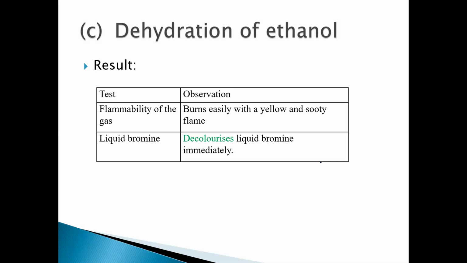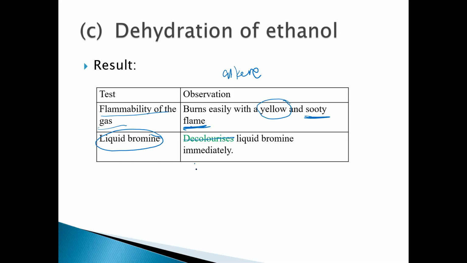Okay, so the flammability of my gas, I told you, alkene. Any time you meet alkene, it must have a sooty flame. Its flame is black, and the color of the flame is yellow. Can alkene react with bromine water? Can. Okay, teacher doesn't like the word decolorize. What color is bromine water?